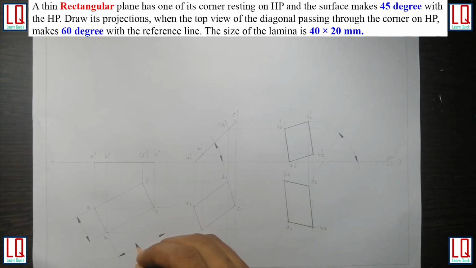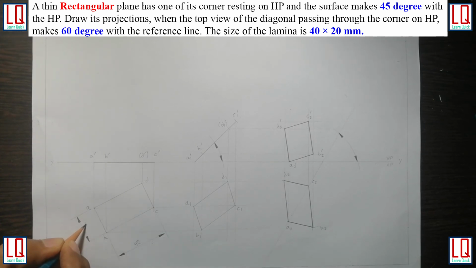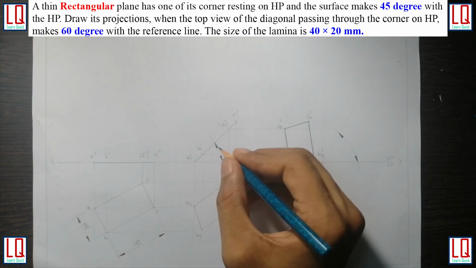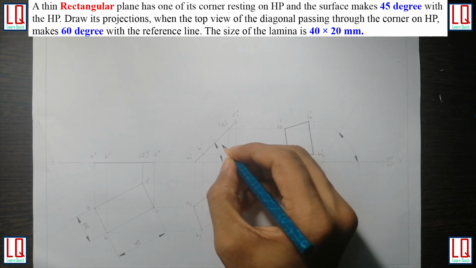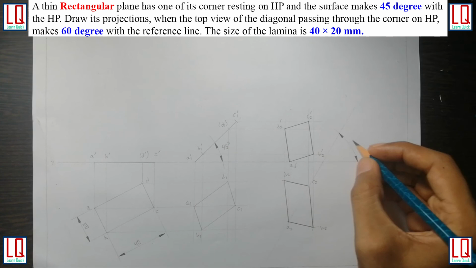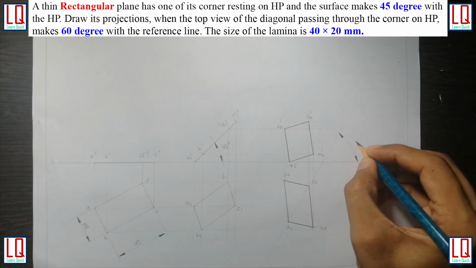Here I write 40 mm. Here I write 20 mm. So the rectangular plane is inclined at 45 degree to HP, and it is inclined at 60 degree to VP.